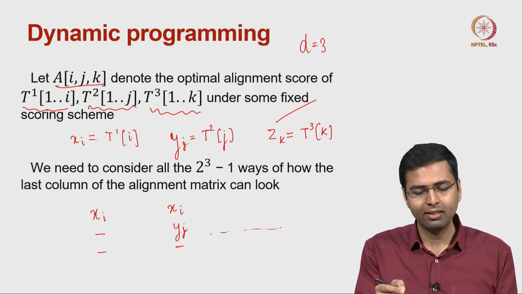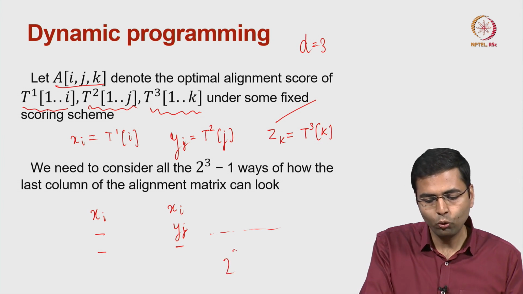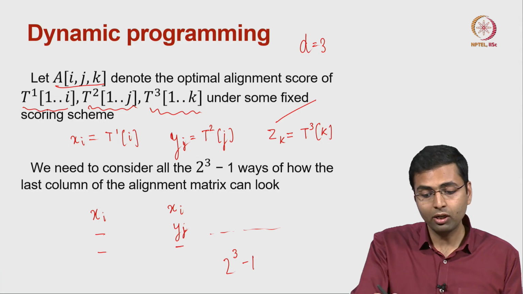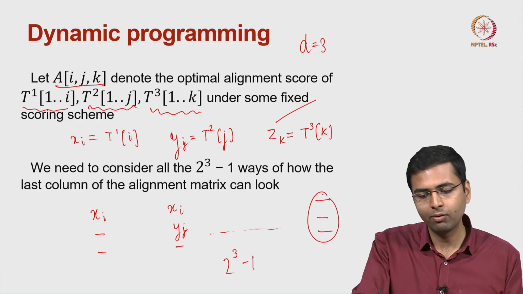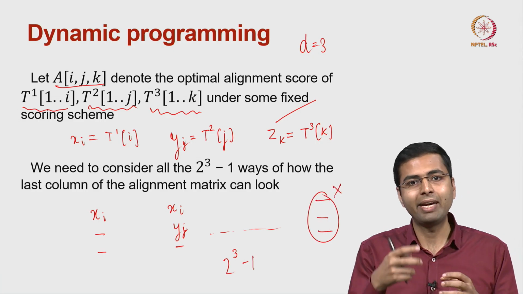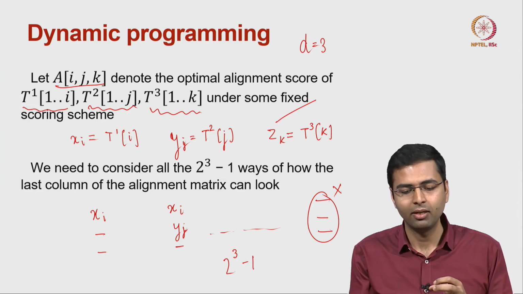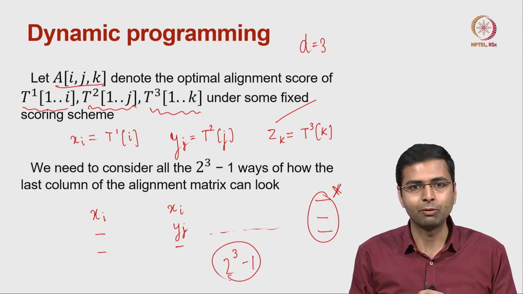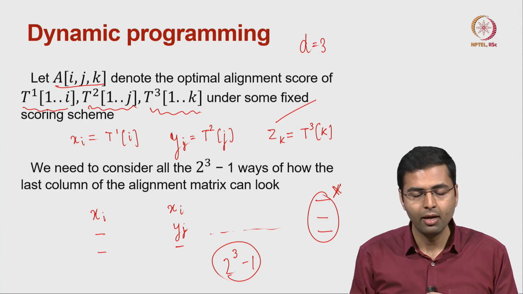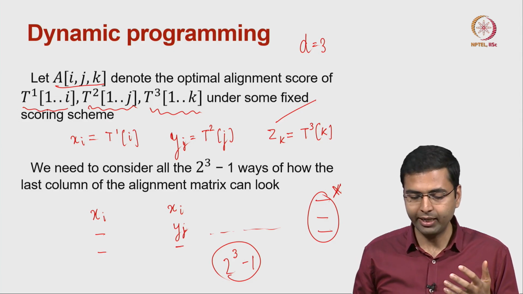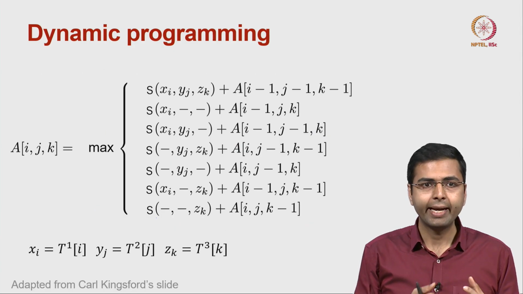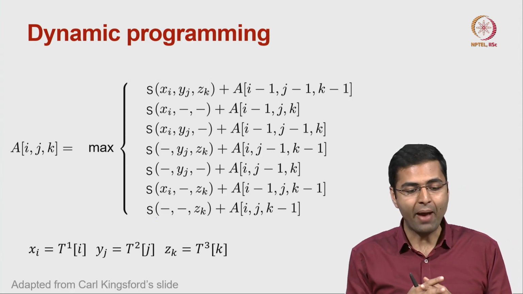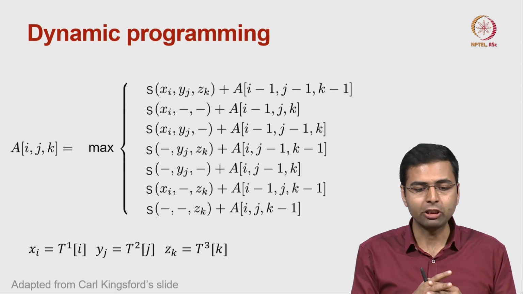You can see that there are in total 2 raised to power 3 minus 1 possibilities. The all-dash column is not allowed, because it does not make sense to have a dash symbol in the entire column. Leaving this case aside, you have 2^3 minus 1 possibilities. Accordingly, we can develop the recursion. A(i,j,k) would be the maximum over all the possibilities.